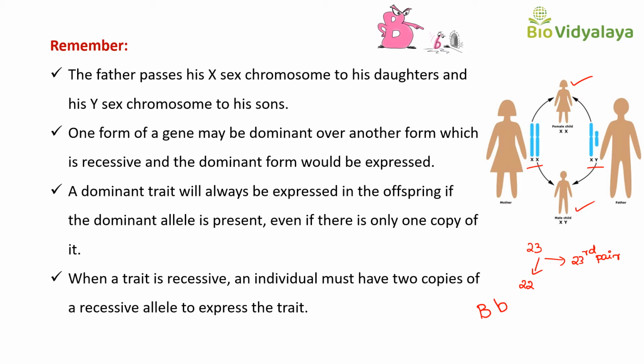So let's imagine that this capital B is a dominant allele coding for black eye color, and this small b is a recessive allele coding for blue eye color. So the dominant allele suppresses the expression of the recessive allele when it is present in the heterozygous condition.